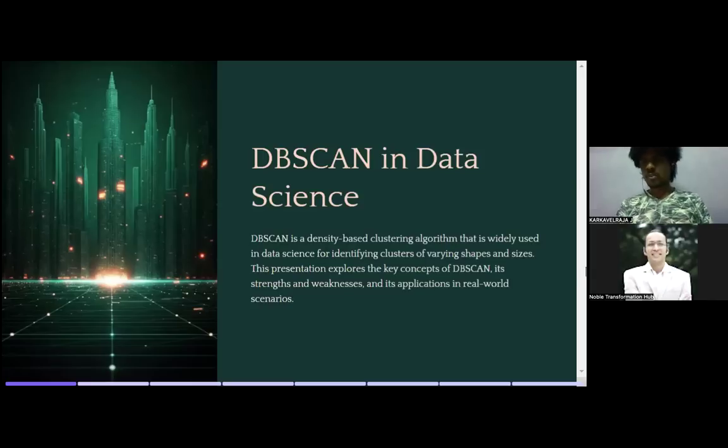Let me put it in a simple manner. We have discussed two different clustering techniques. K-means is purely for data that you can cluster in a spherical manner, a circle. Whereas with hierarchical clustering, you can divide or cluster the dataset in the manner of a tree. What if we have different shapes?